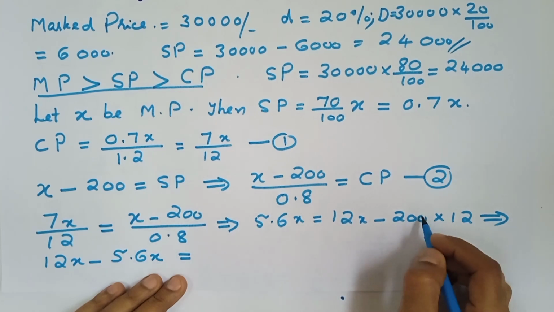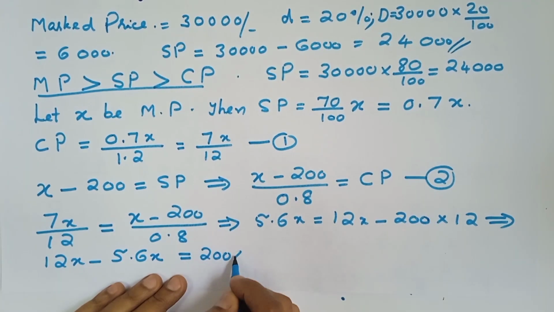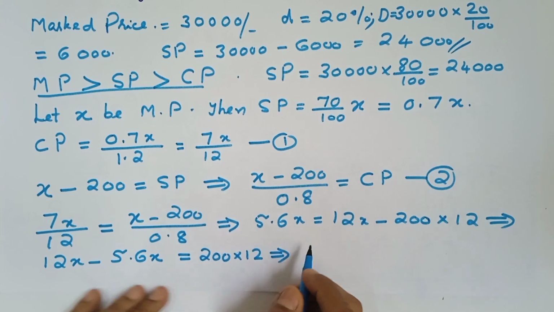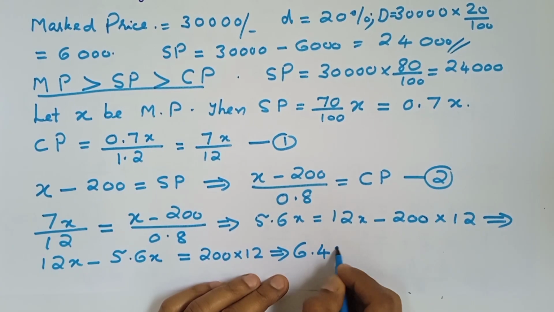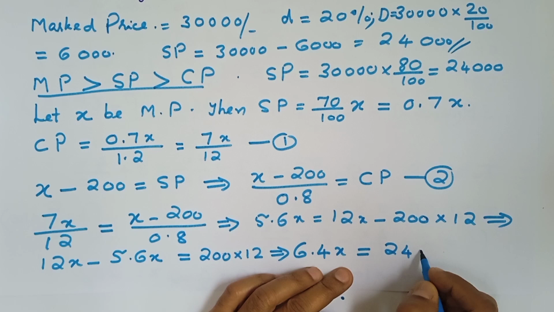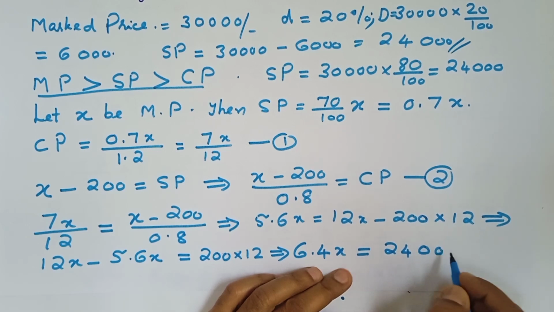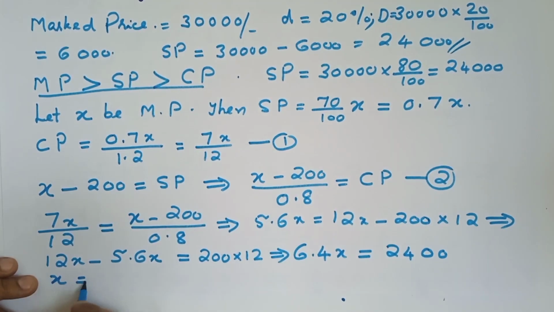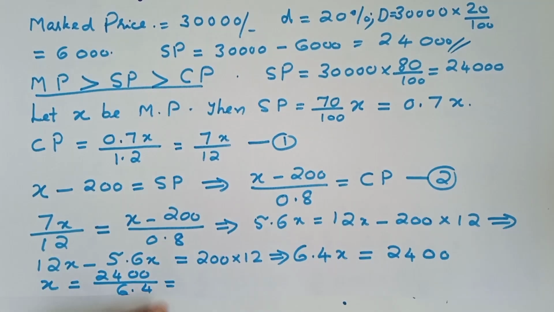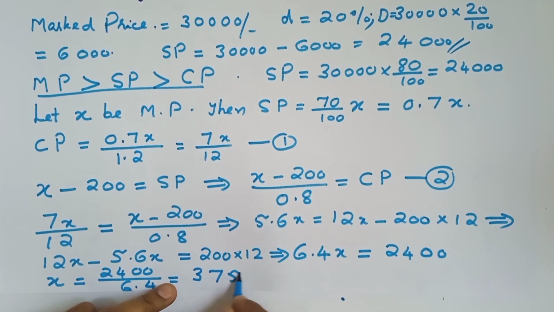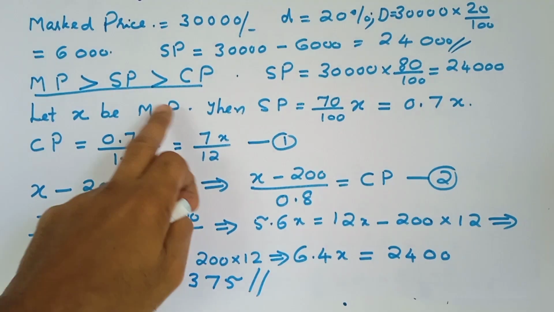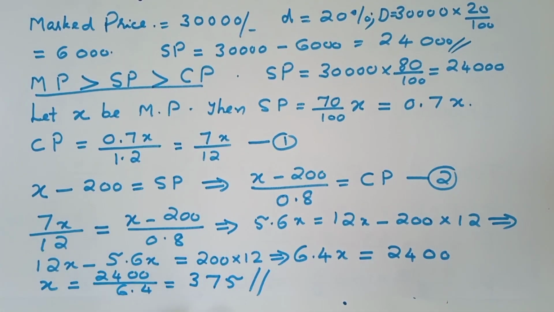And this on simplification, this will be 6.4x, so x is equal to... x is our marked price, and that's found out to be 375. So 375 is the marked price of the product.